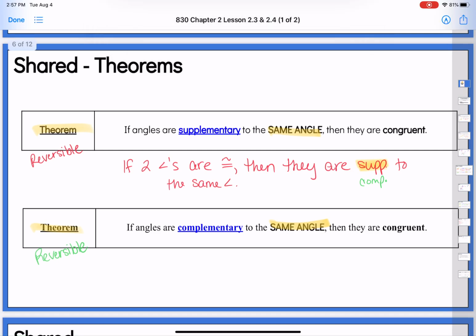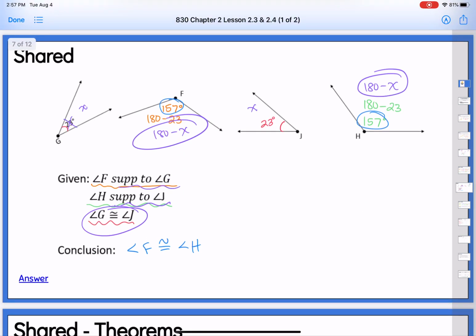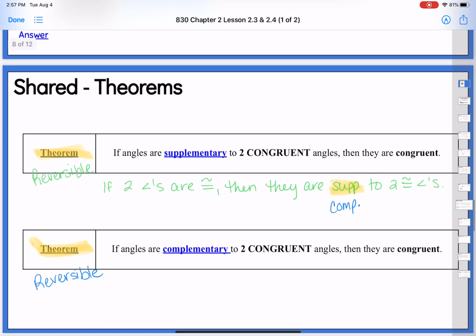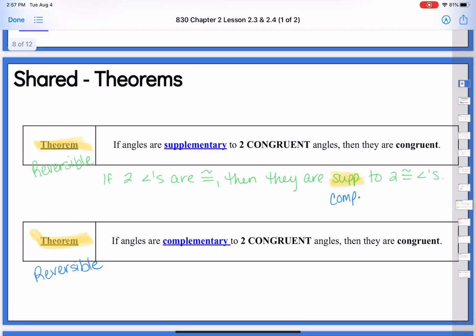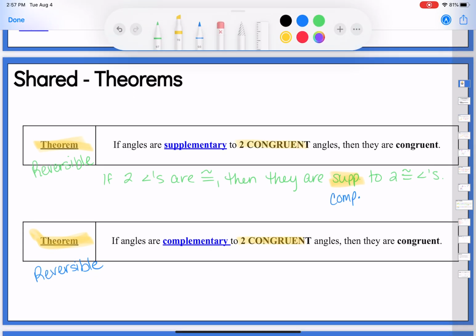Then in the next situation, I had 4 total angles, right? 2 angles that were congruent, supplementary to 2 other angles. So that's where I have 4 total angles, for the second one where they're supplementary or complementary to 2 congruent angles. So just watch out, how many total angles are we talking about here? That's how you know which one of these 2 versions you're going to use.